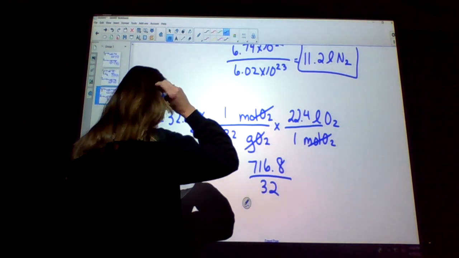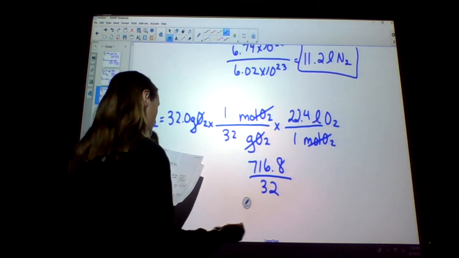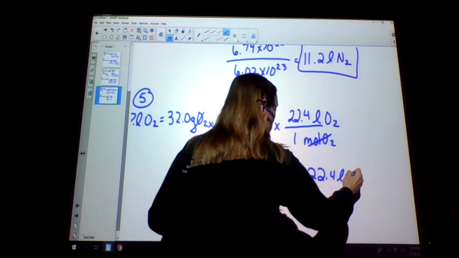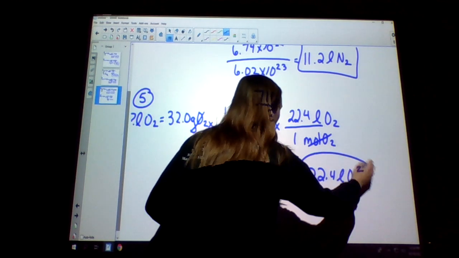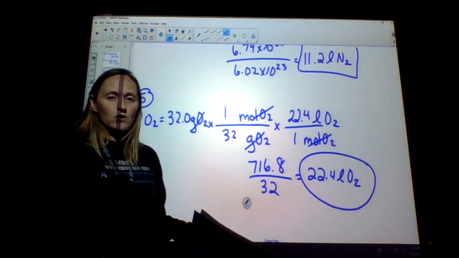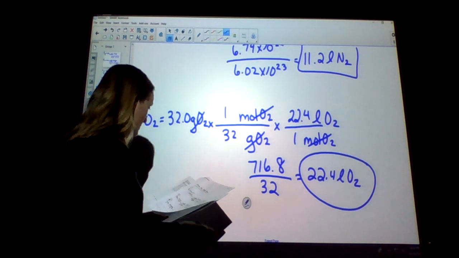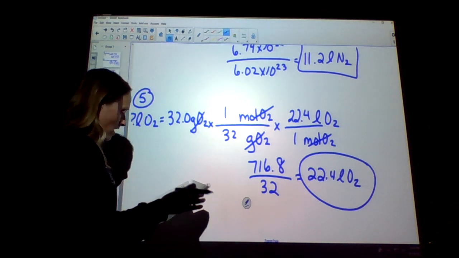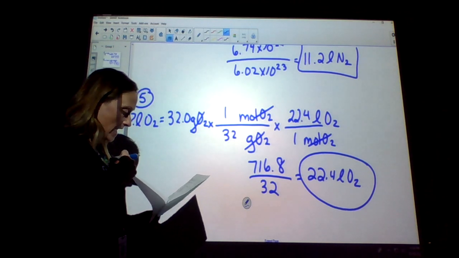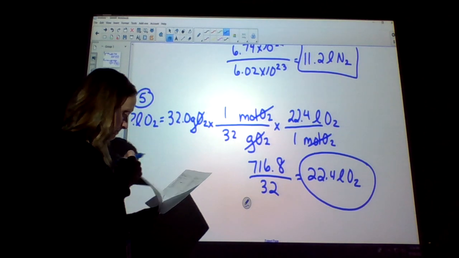So then we're going to take 716.8 divided by 32, and we get the 22.4 liters of oxygen. Now, if you can reduce, that's great, but they're not always going to be that easy to reduce and work out. So number 5 is a model for 6 and 7.